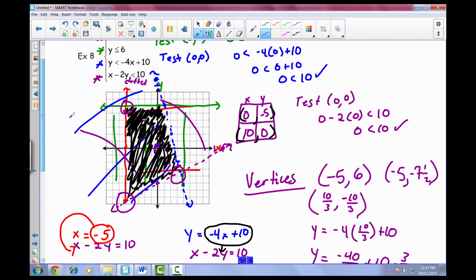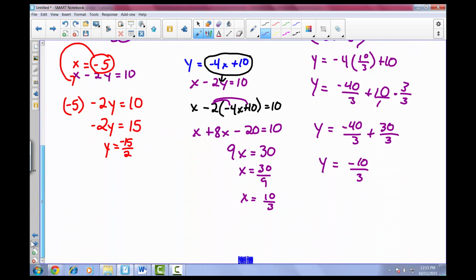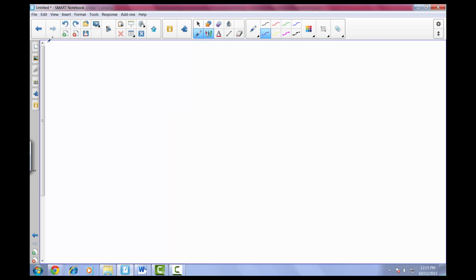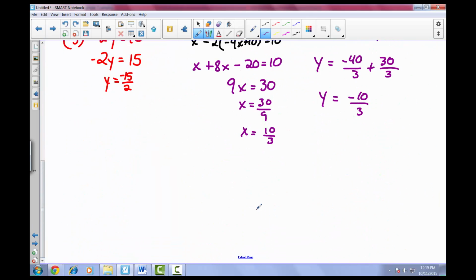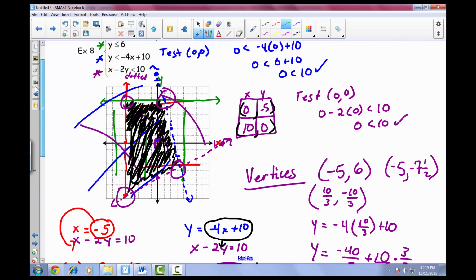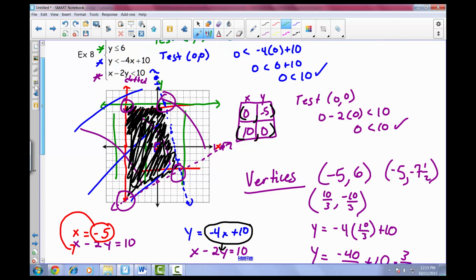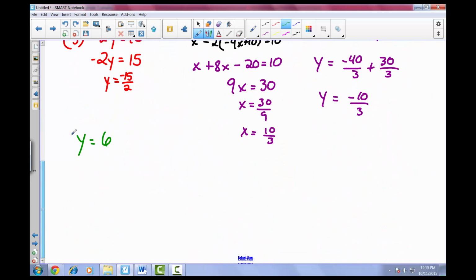Now looking at the last vertex, we see that it is the blue and the green line. The green line is y is equal to 6, and our blue line is y is equal to -4x plus 10.